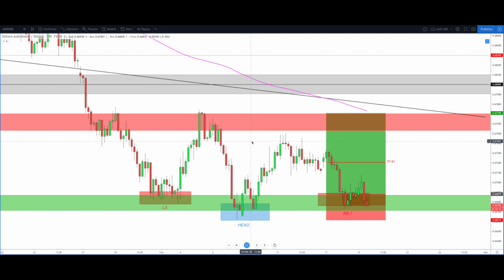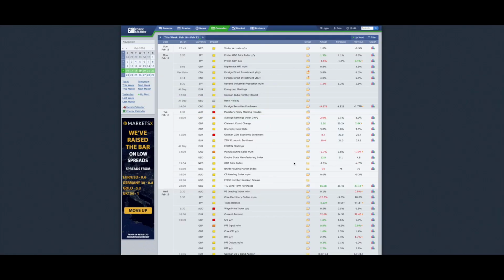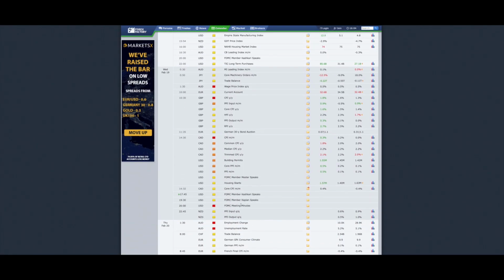But on this pair, we need to carefully watch another thing, because this evening we will have the FOMC minutes. So I don't expect strange things to come out of this meeting, but obviously the market always looks carefully at this type of news, the FOMC or NFP for the US dollar or other key news, especially on the US dollar.